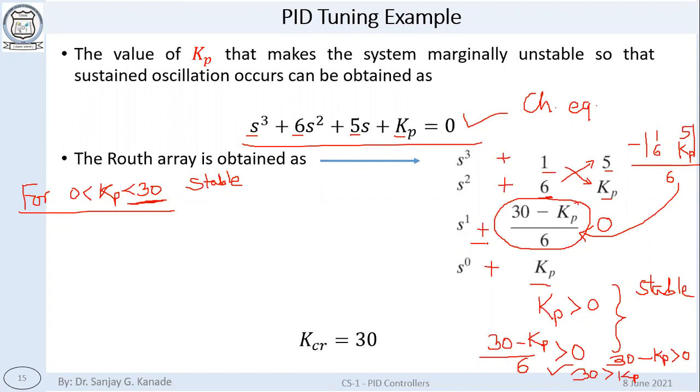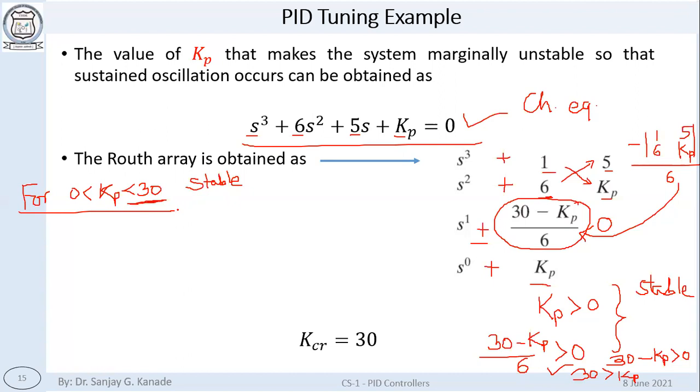You got the idea? This is what we have seen in our third unit. Remember, this is not something new that we have seen. We have already seen this in our third unit. So for 0 to 30, the system is stable.